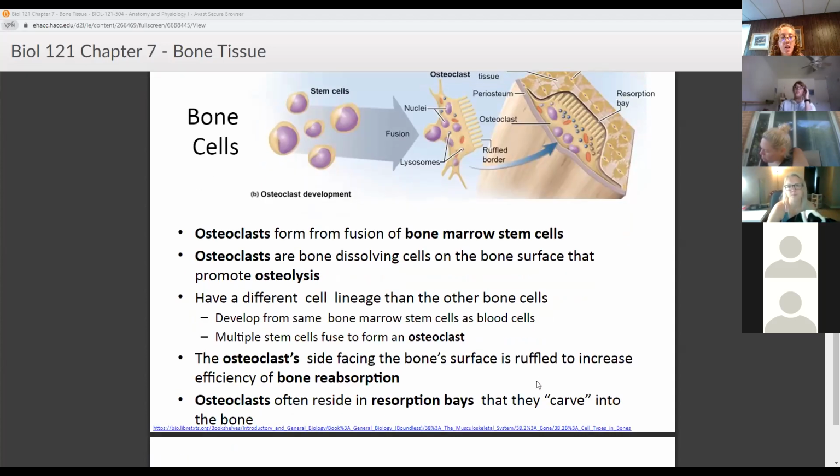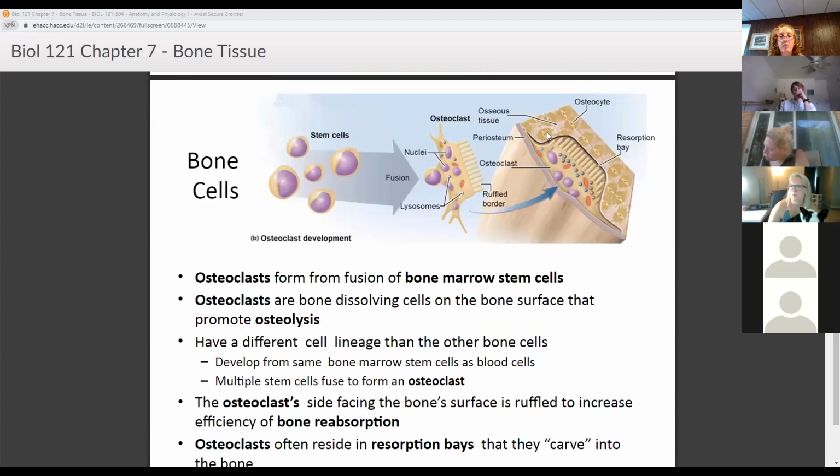Most osteoclasts reside in resorption bays that they carve into the bone. So this little bay, it's essentially carved it out. Here's the compact bone.